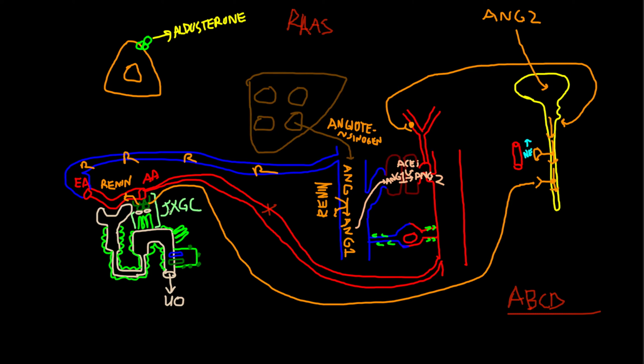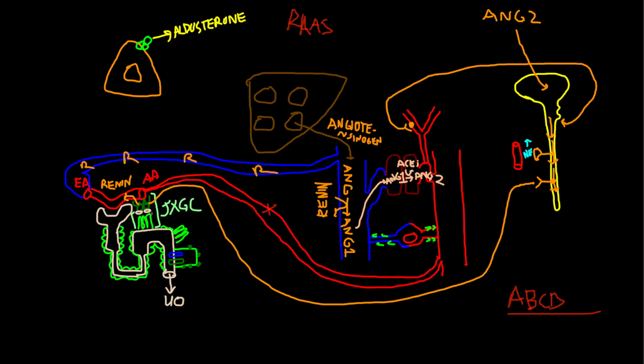The juxtaglomerular apparatus or complex senses the reduced total body volume, reduced TPR through these baroreceptor specialized smooth cells called Poisson cells.